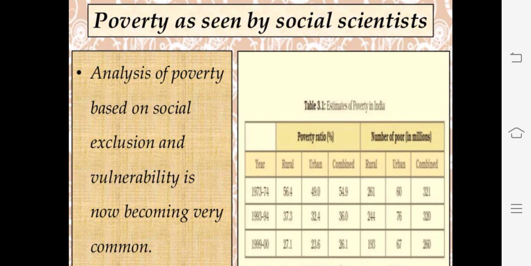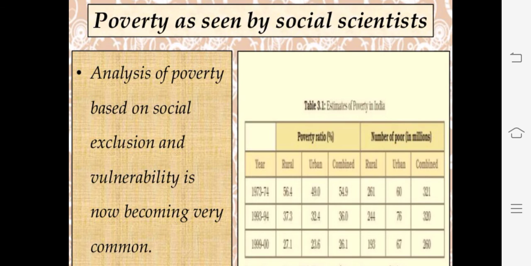In 1973, the poverty ratio, combining rural and urban, was 54.9. Then in 1993-94 we had a combined figure of 36.0. In 1999-2000 we had 26.1. Here we also have the number of poor.